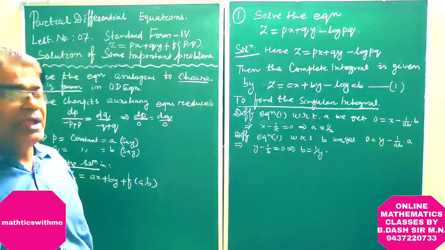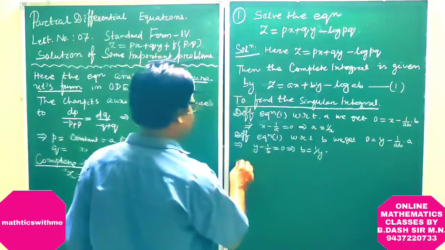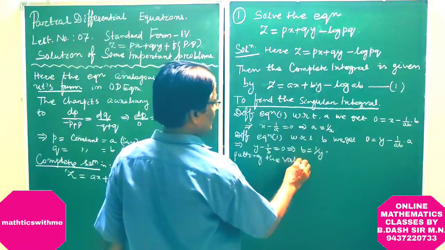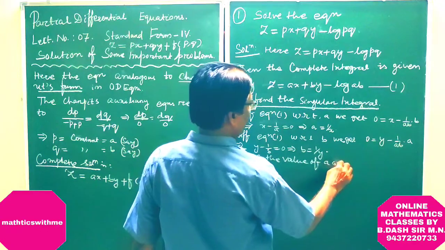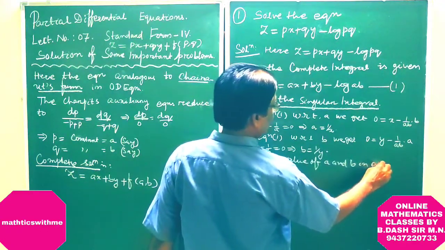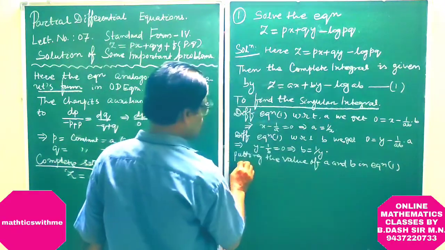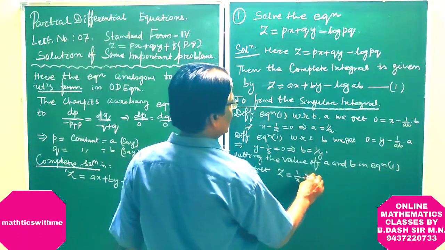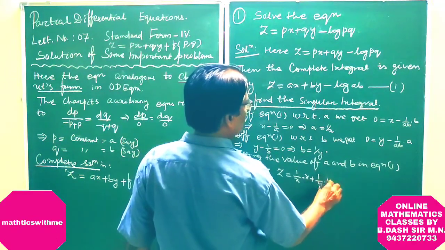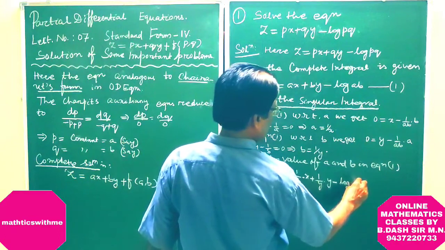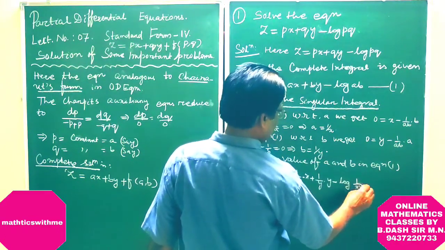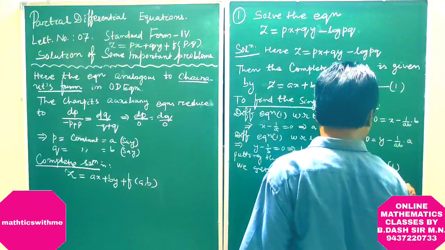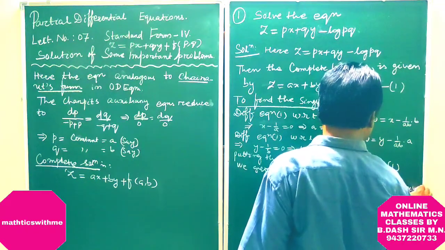Now putting the value of a and b in equation 1, we get z is equal to 1 by x into x, plus 1 by y into y, minus log 1 by xy, which is equal to 1 plus 1 plus log xy.